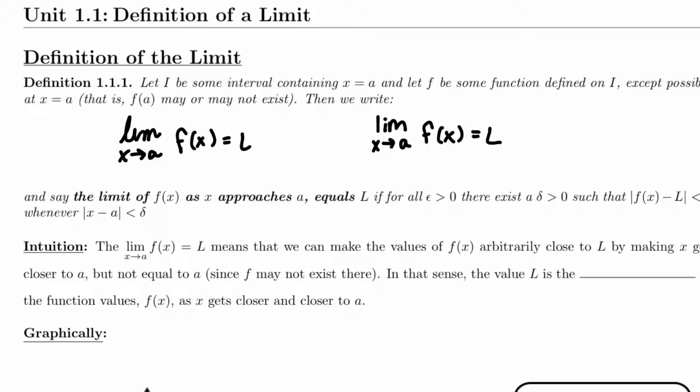This is saying that as x approaches a, so as you get closer to the x value a, it looks like the y value of the function will be L.